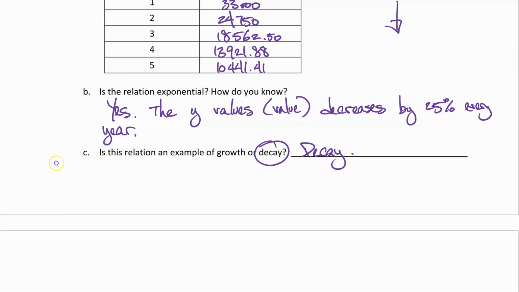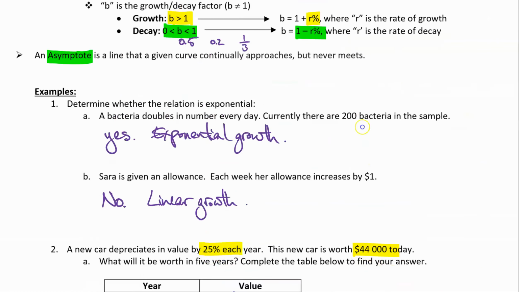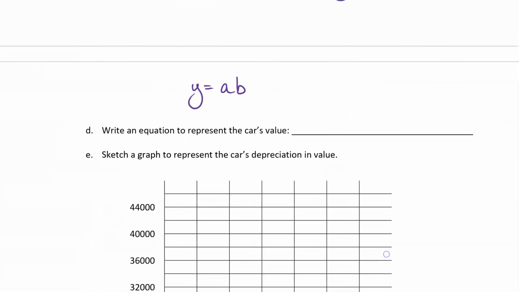Okay, all right. Write an equation to represent the car's value. Well, remember, we're trying to say y is equal to a times b to the exponent x.